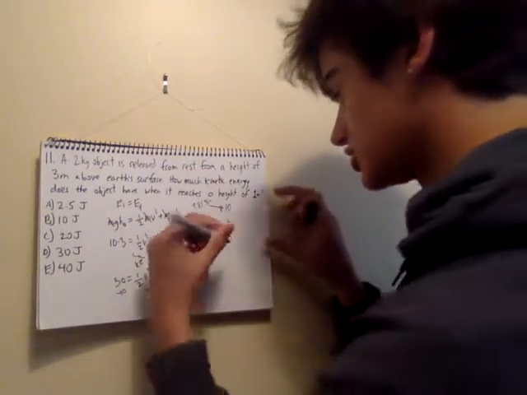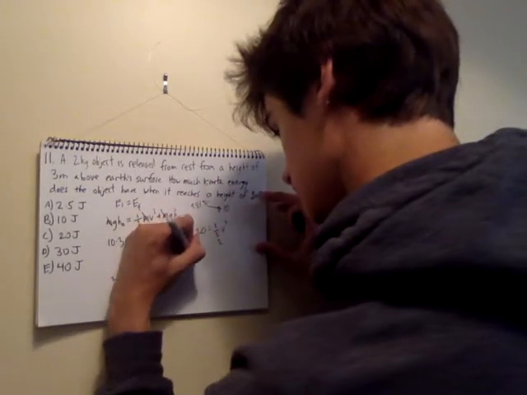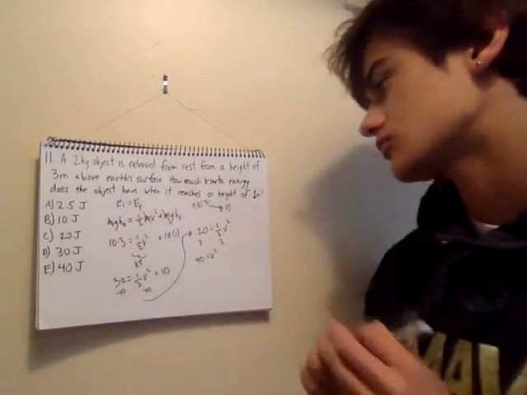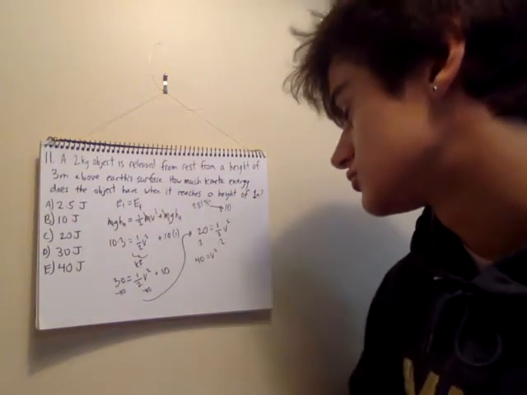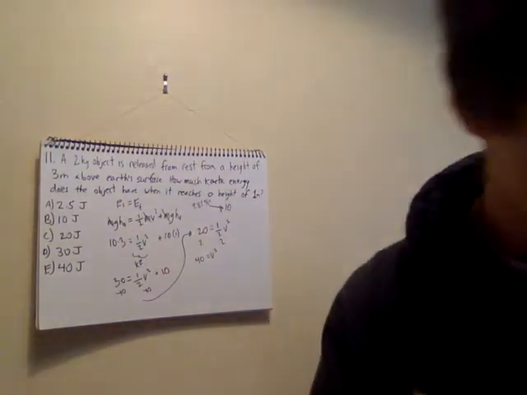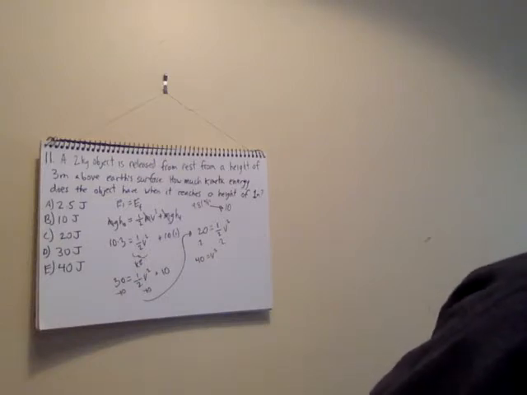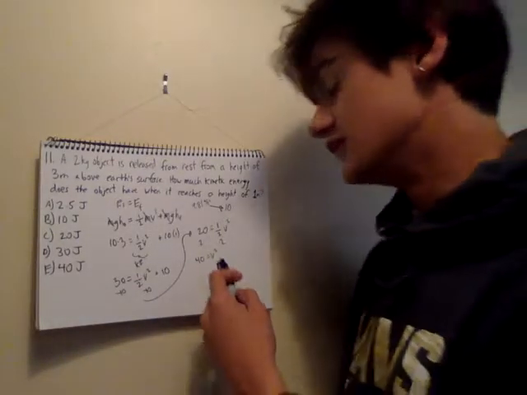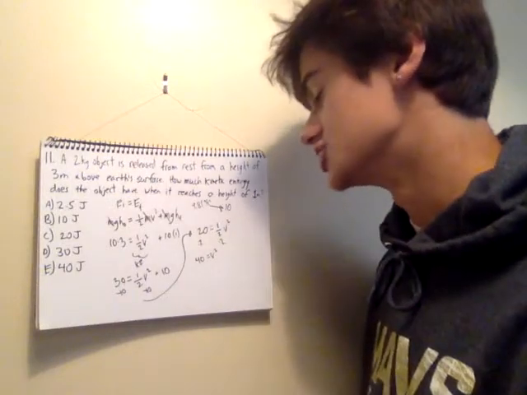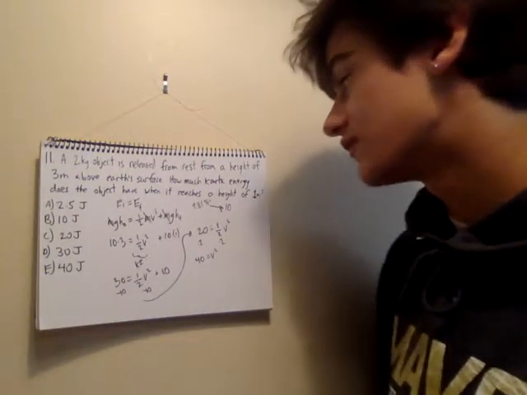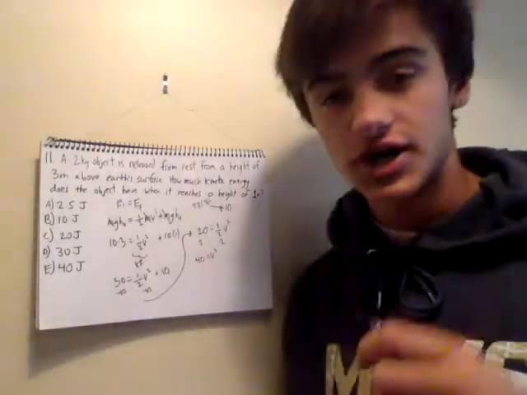So let's multiply by 2. And v squared is our kinetic energy. So our kinetic energy here is going to be 40 joules when we have reached a height of 1 meter.